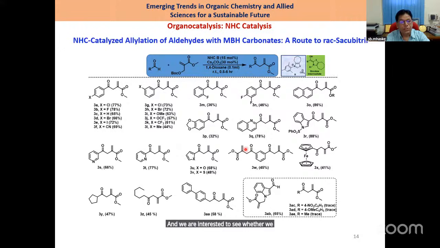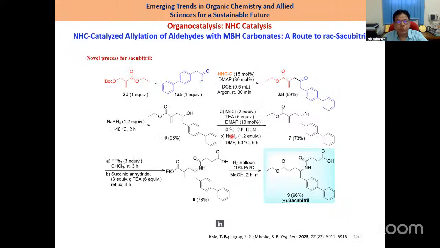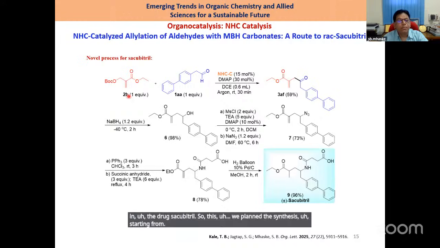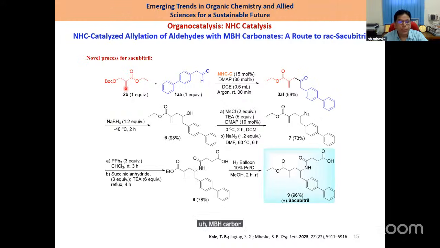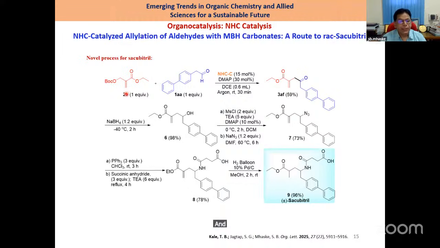We are interested to see whether we can really show its application in the drug sacubitril. So we planned the synthesis starting from the MBH carbonate, that is Morita-Baylis-Hillman carbonate. The previous speaker also used this as a substrate. This is very easy to prepare, starting from acrylate and formaldehyde.